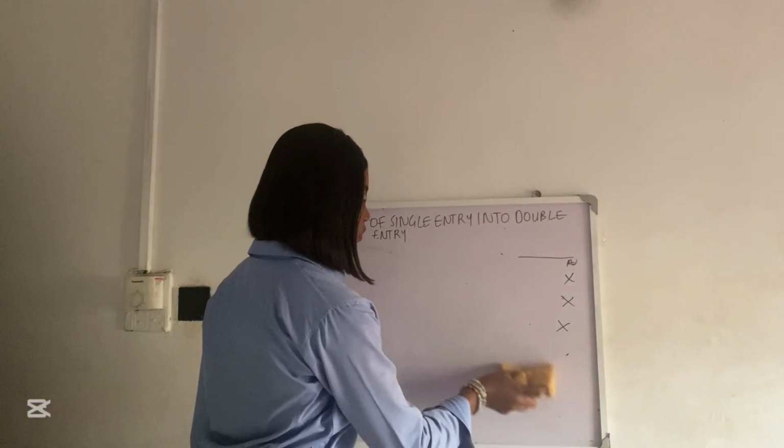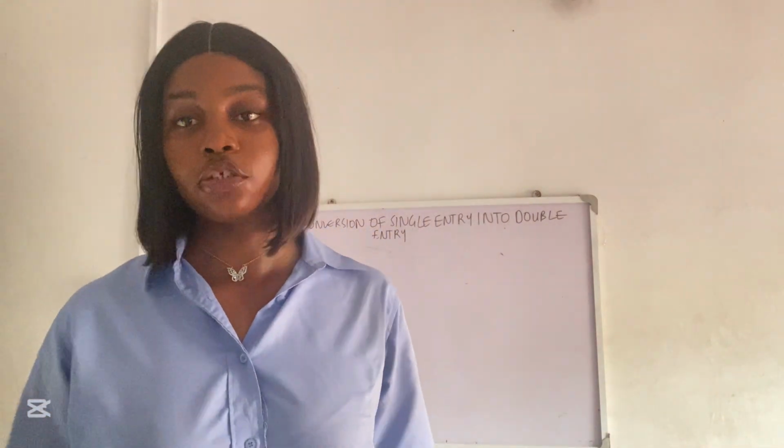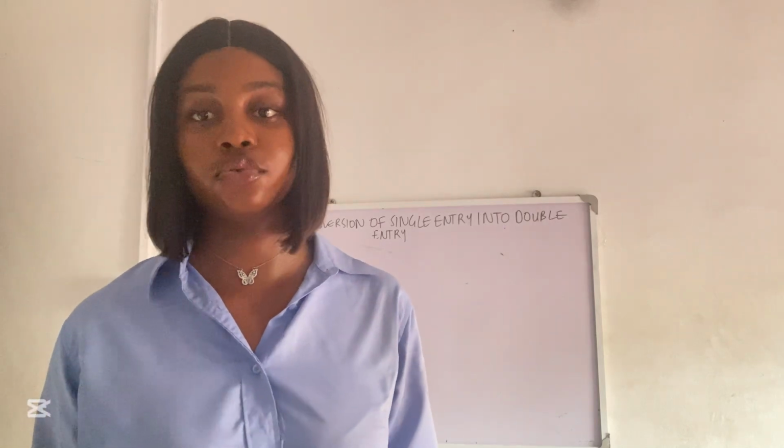Hey guys, please, I know I'm saying this. Unless maybe you have an idea of single entry, if you've not watched my part 1 and part 2, I would appreciate it if you can watch them. This is part 3. We've done the introduction and 2 examples already.